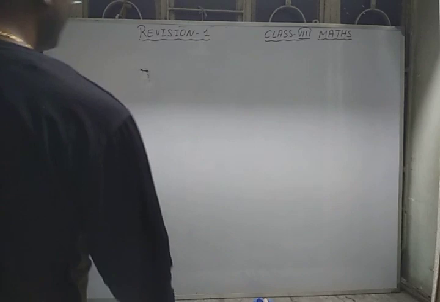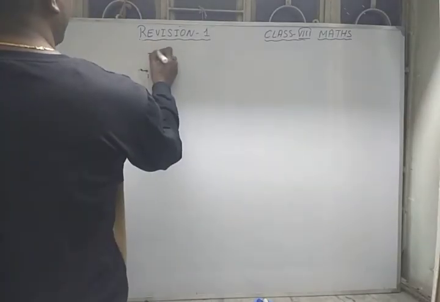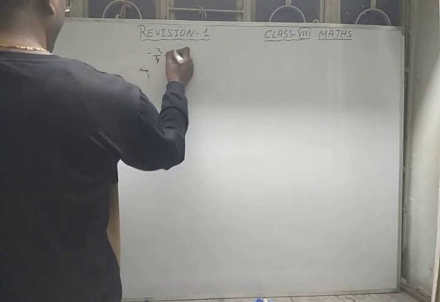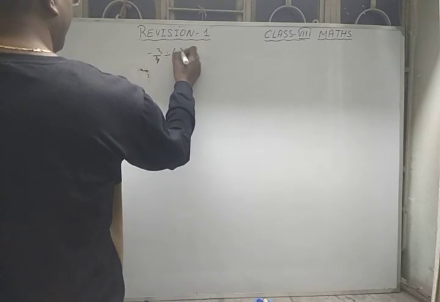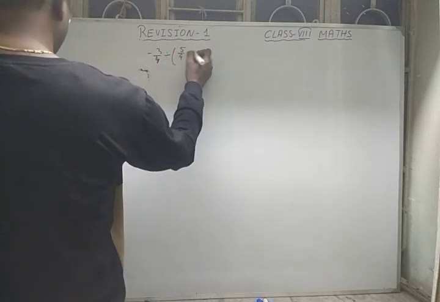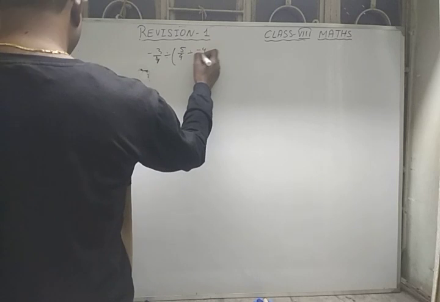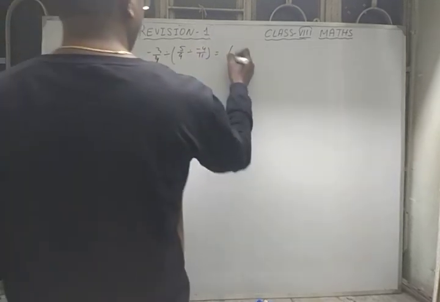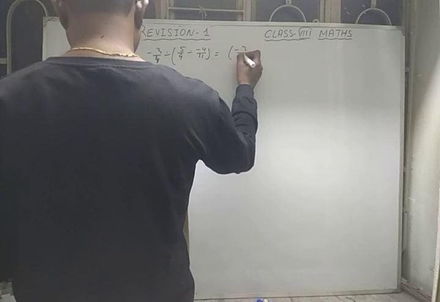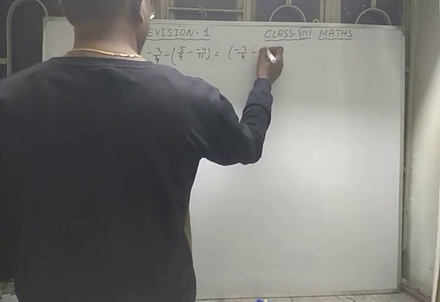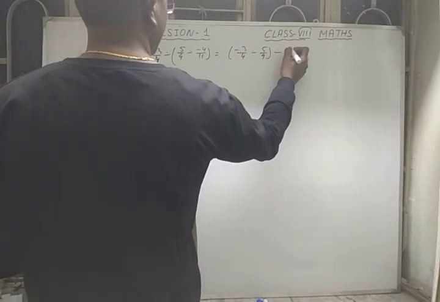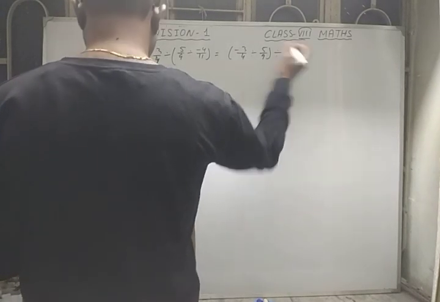First I will write the question. Minus 3 by 4 divided by bracket 5 by 9 divided by minus 4 by 11 is equal to bracket minus 3 by 4 divided by 5 by 9 bracket close divided by minus 4 by 11.